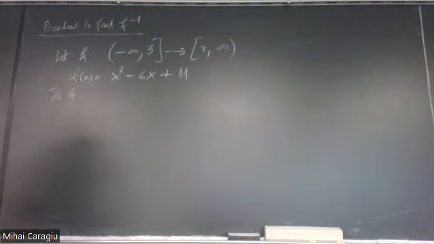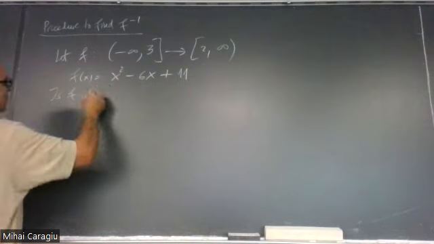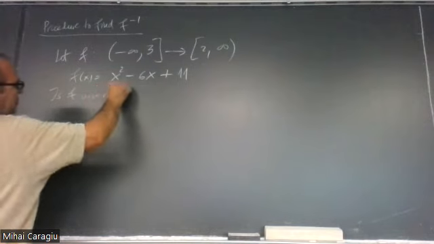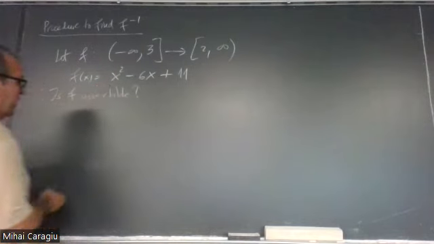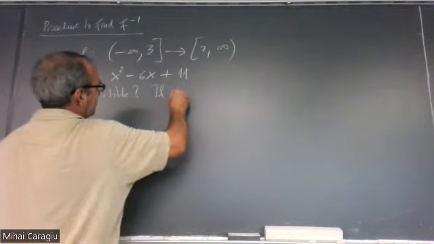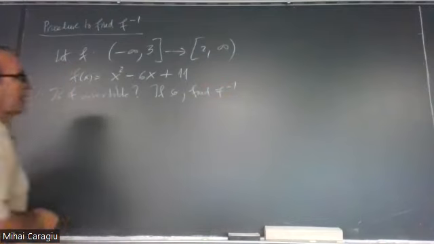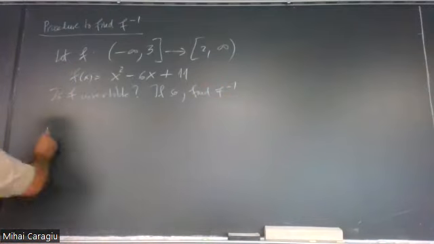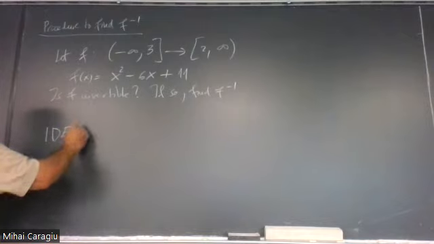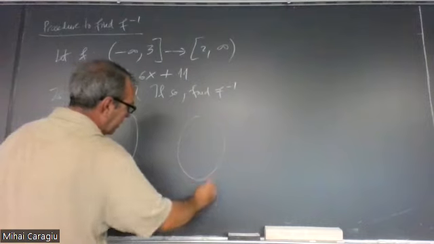So I'll describe a shortcut to find the inverse right away. Is f invertible? If so, find f inverse. A typical problem. So what's the idea here? If we have a direct function, then there's a domain and a codomain.